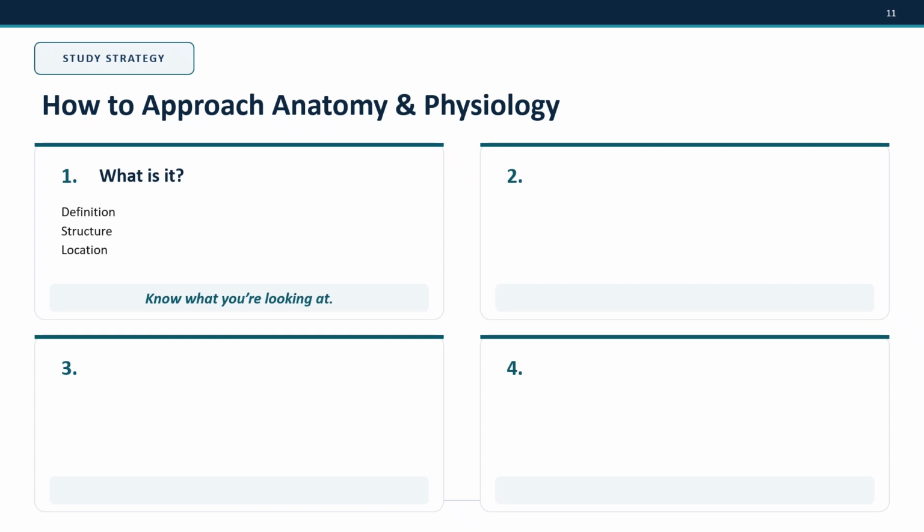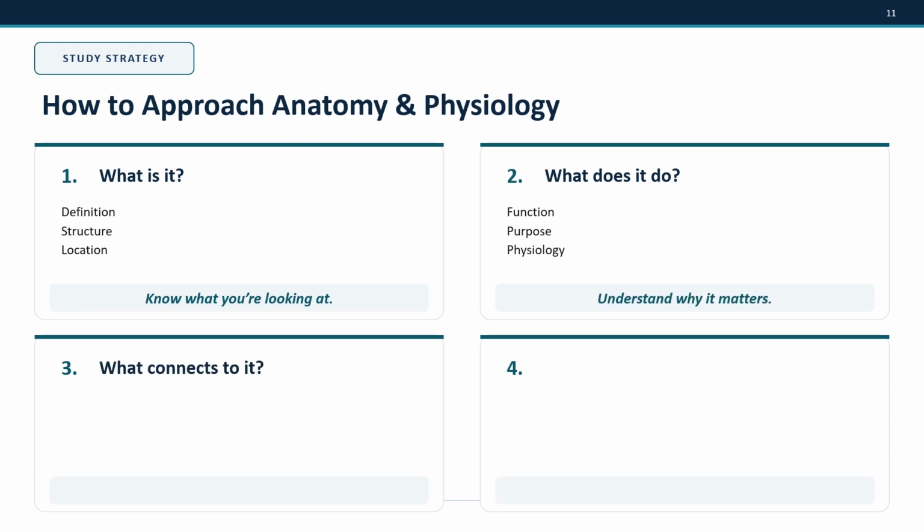You have to be able to identify what you're looking at. Two, ask yourself, okay, I'm looking at it. What does it do? What's its function? What's its purpose? And what's the actual physiology behind it? How does it do what it does? So understand why it matters. Three, what connects to it?